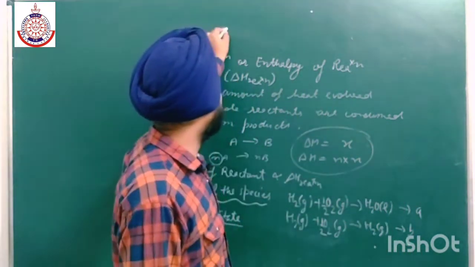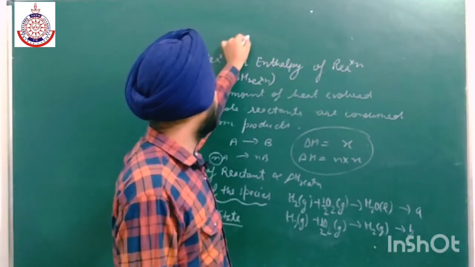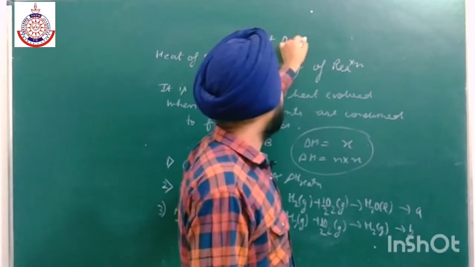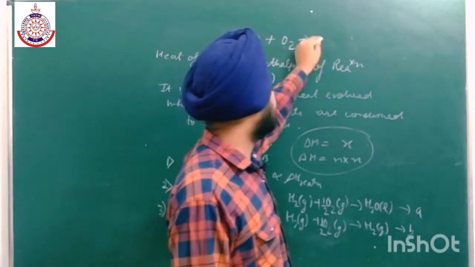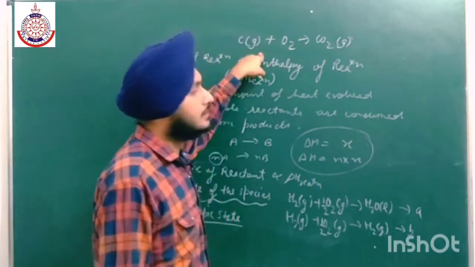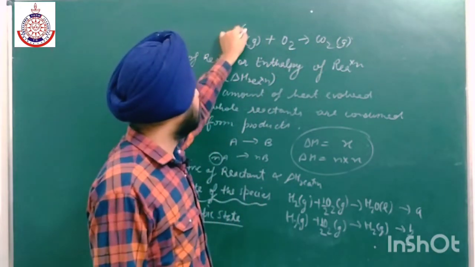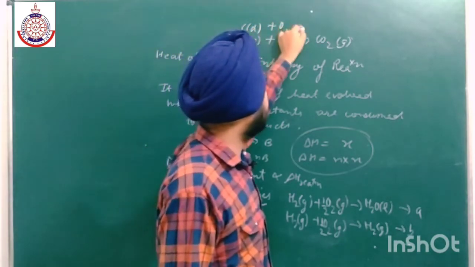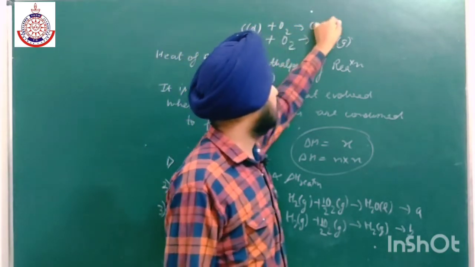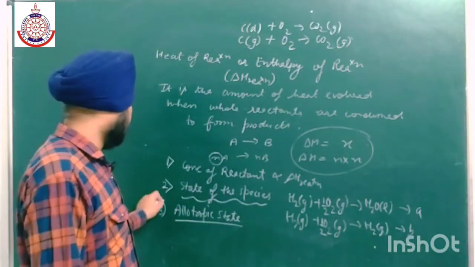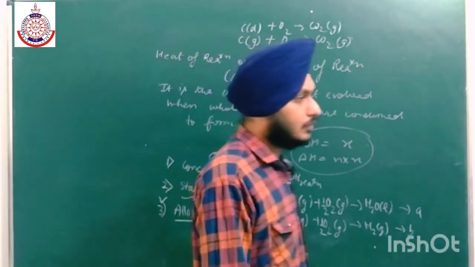For example, if we have carbon in graphite form and we react it with oxygen gas, then we will get CO2 gas, and delta H for this reaction is different. And if we take carbon as diamond, then delta H will be different. That is why delta H also depends upon the allotropic forms.